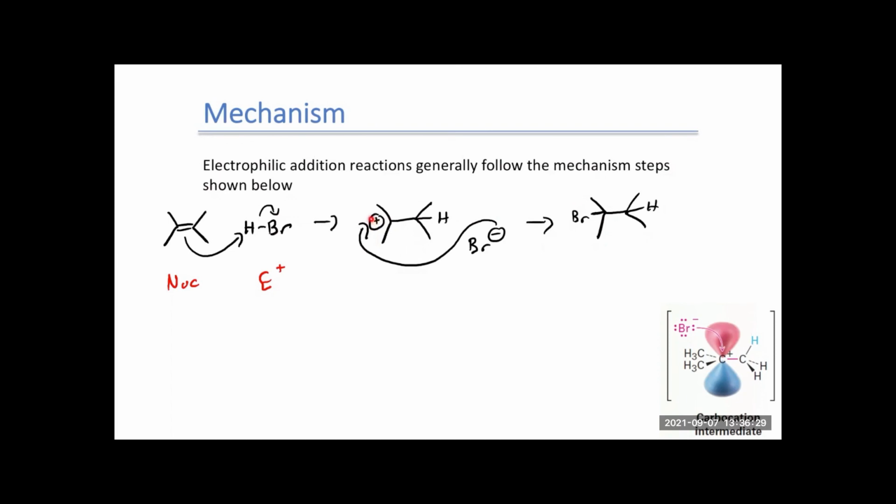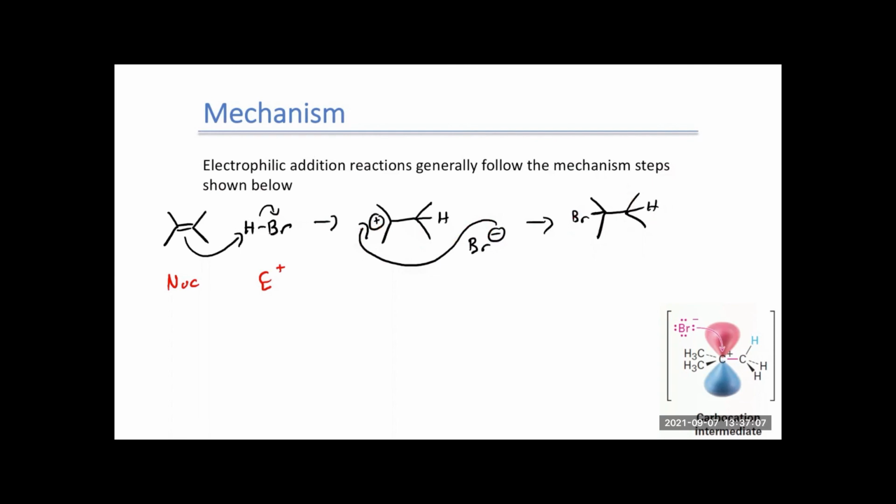So remember, carbocations, methyl is your least stable, tertiary, so 3 different substituents, is your most stable. So the carbocation there can go through hydride shift or methyl shift to create its most stable form. Then your negative charge from the electrophile comes and attacks, then your negative charge will then come and attack that carbocation to give you your product.